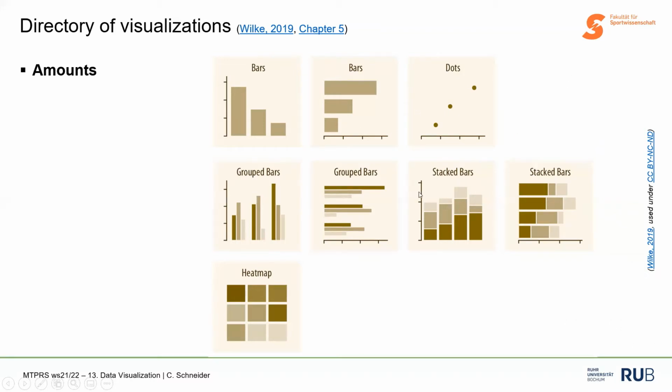If we have multiple categories, we could use grouped bars, for example, or stacked bars. And in some situations, there are also heat maps useful for presenting amounts.